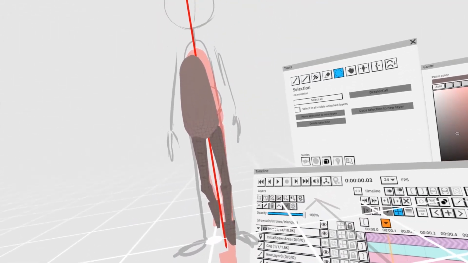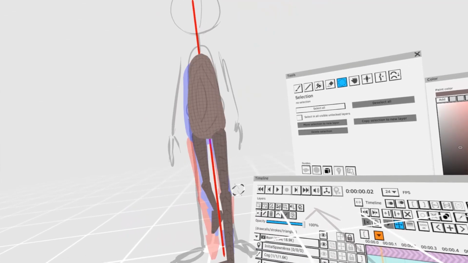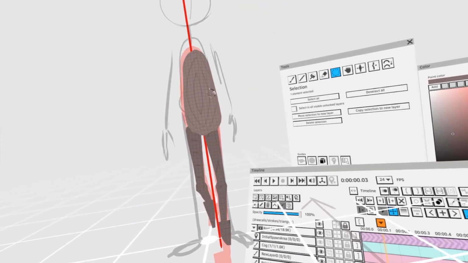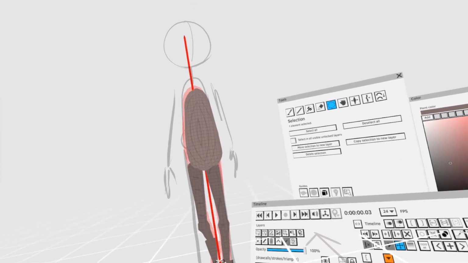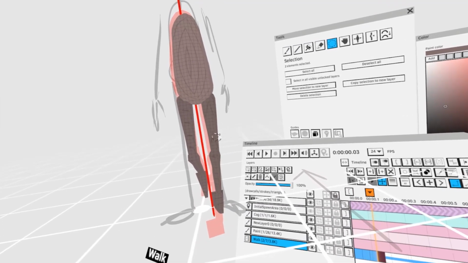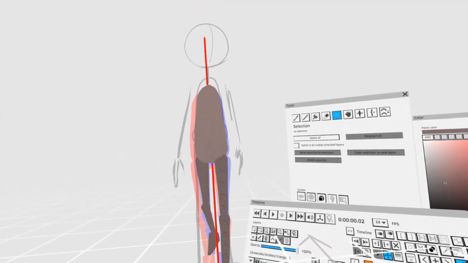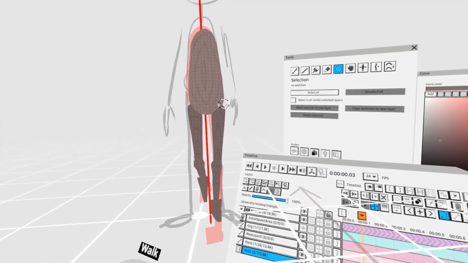And obviously I don't want it to be super perfect. And here, okay, it needs to be slightly on the side, like we said before, slightly off balance. And the reason why it's off balance, I think I mentioned it, is because the body is on one leg only right now.